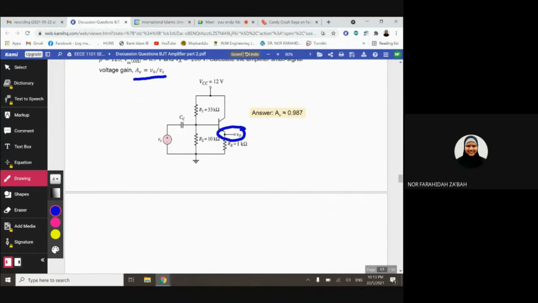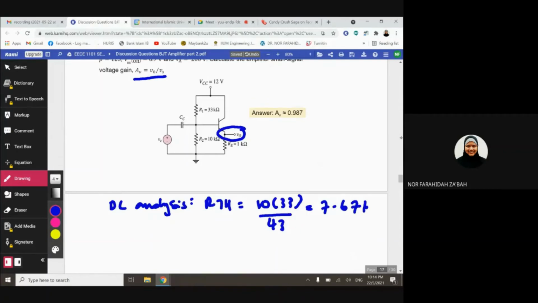Okay. So again, first thing you need to do is the DC analysis. So what is the RTH equivalent to 10 multiplied with 33 over 43, what do you get? 7.67 kilo ohm. Okay.